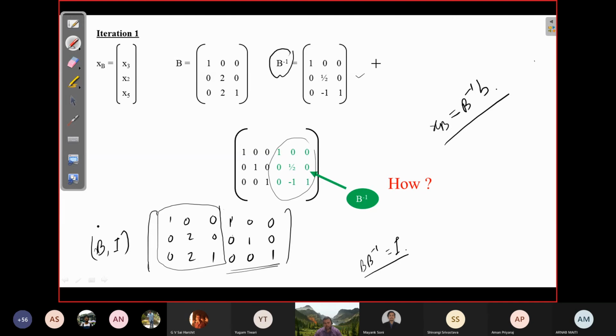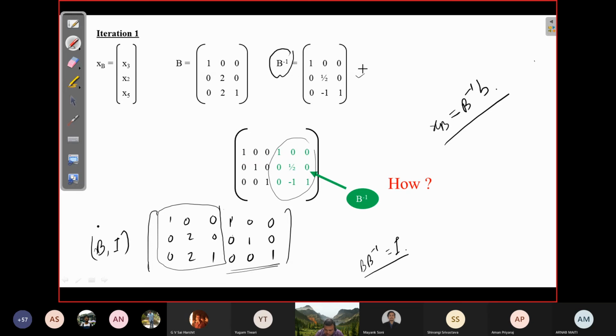Same thing we are doing here to find the inverse of the matrix. And later on we'll show how this Gaussian elimination in simplex conforms to the idea of generating B inverse in the revised simplex method. But now you see the connection at least.